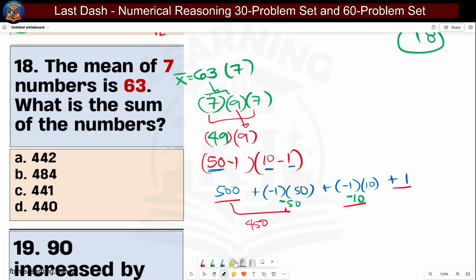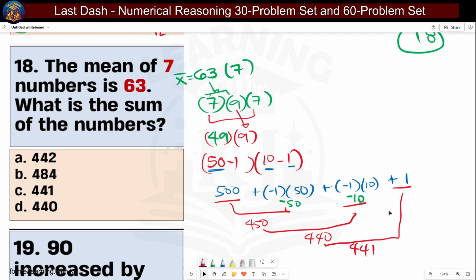Or pwede na rin naman, 550 minus 10. Ganun din naman. Pwede mo siyang i-combine, pwede mong isa-isahin. So, this will be now, ang bagong number is 440, plus yung isa pa, 1, or 441.